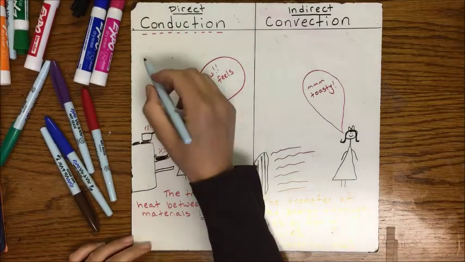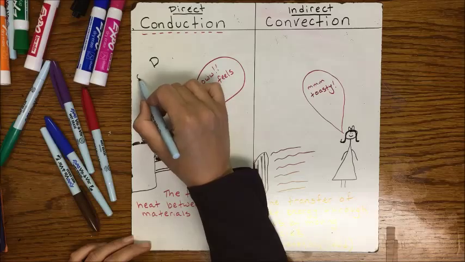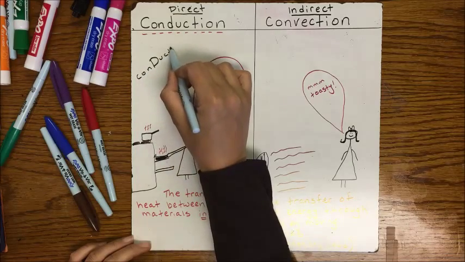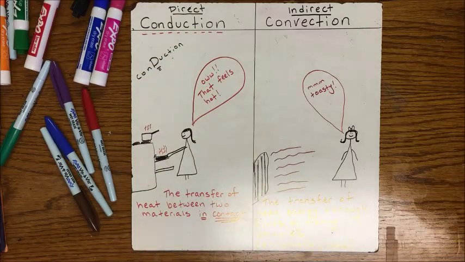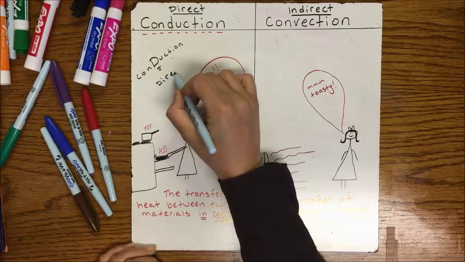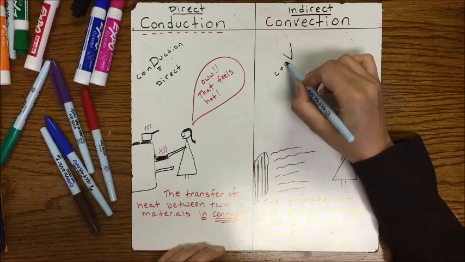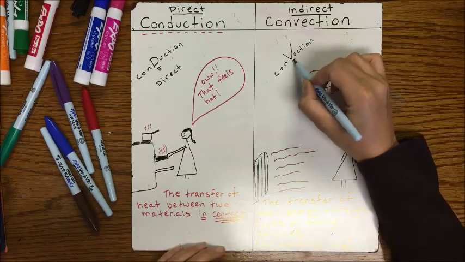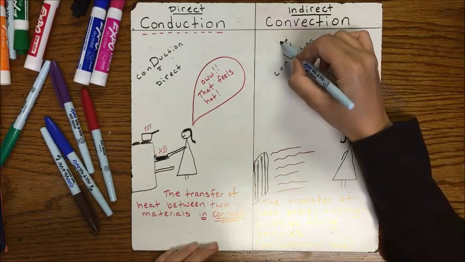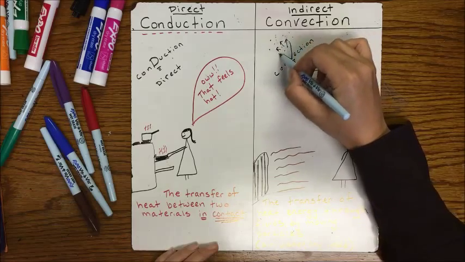So think of it like this. When you have conduction, and it is with the letter D, you can remember that the D also relates to direct contact. That's a good way to remember it. And convection with a V, think of the V as being kind of an open container where particles can move around and transfer the heat energy.